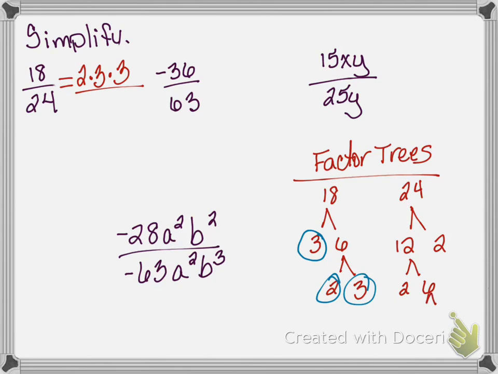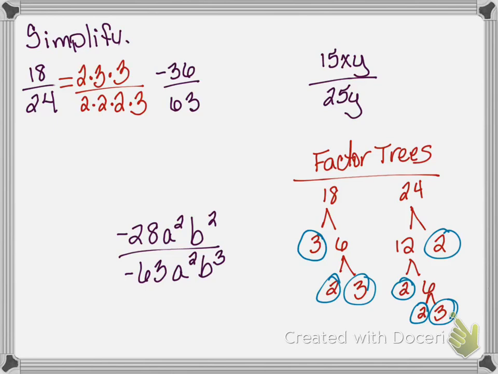And 6 breaks down to 2 and 3. So I break it down as far as I can go. So I have 2 times 2 times 2 times 3. And if you want to check it, 2 times 2 is 4, times 2 is 8, times 3 is 24. That's how that works.